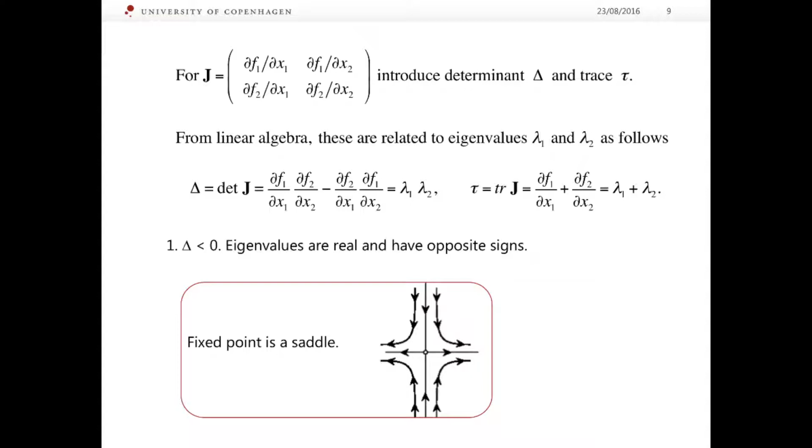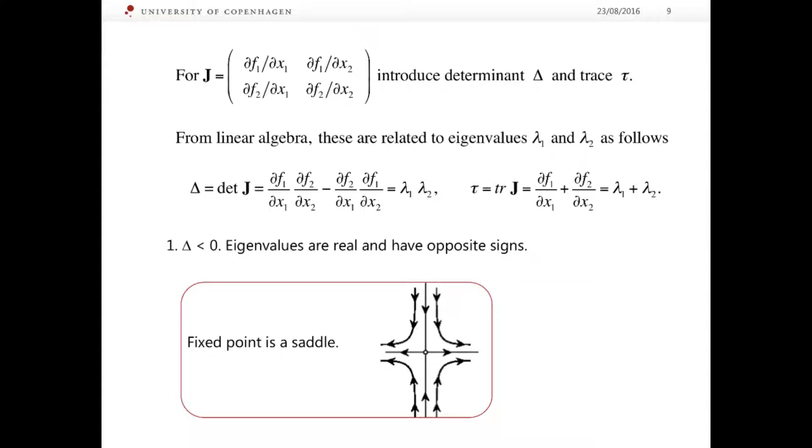Now if we set initial conditions at some small distance from the fixed point, suppose we start close to the stable manifold in the upper part of this figure. Initially, the phase trajectory will loosely follow the stable manifold, and thus it will be approaching the fixed point.